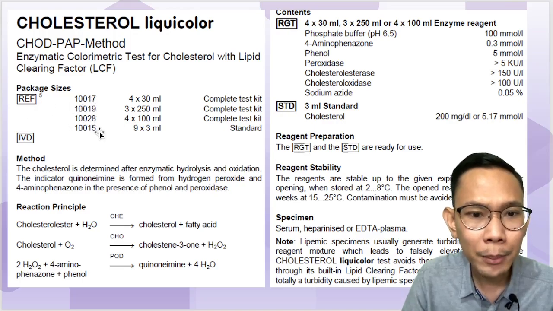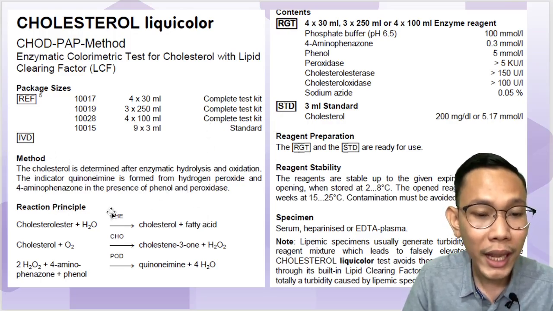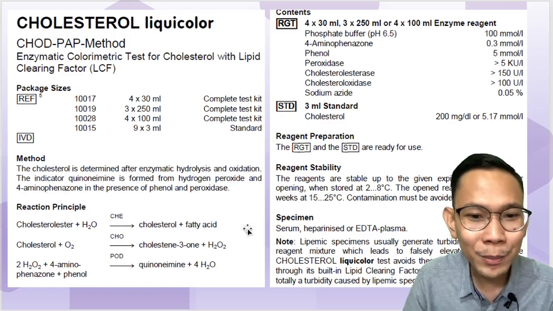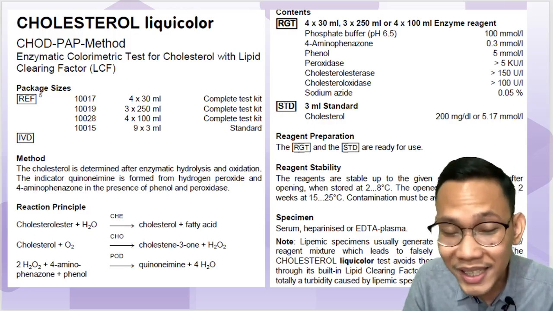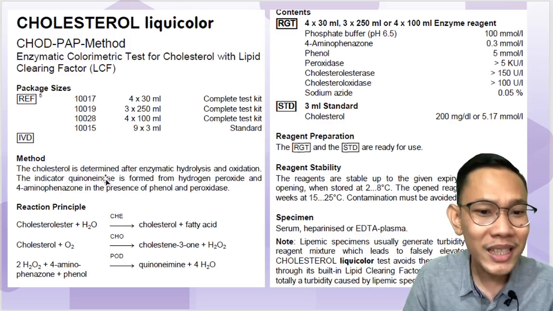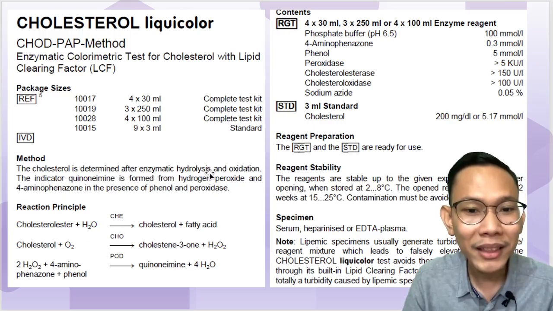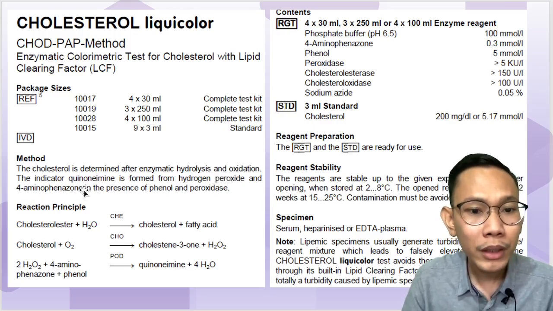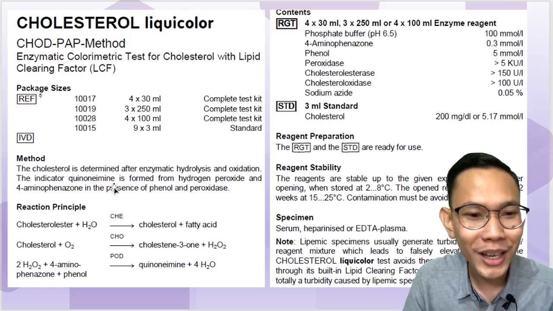This is the reference number, just take note of it, nothing important there. And this is the method and the reaction principle, which is similar to what I discussed a while ago. The cholesterol is determined after enzymatic hydrolysis and oxidation. The indicator is quinoneimine.